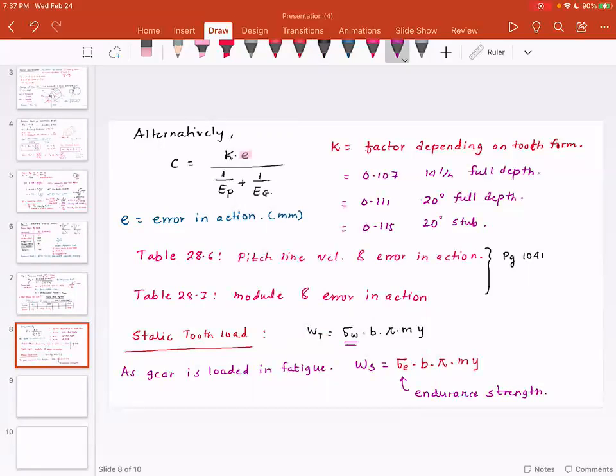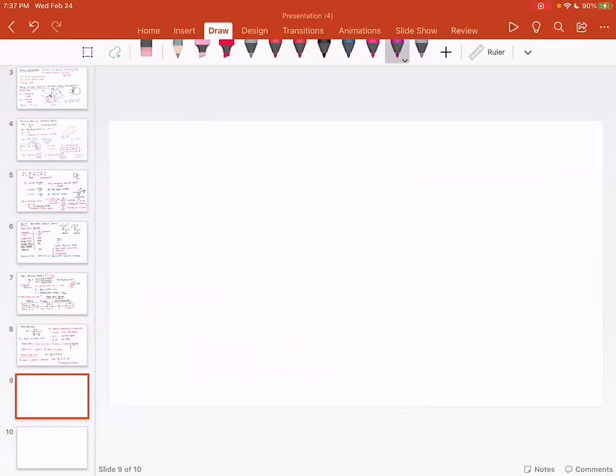For different materials, you would have different endurance limits. So where do we get this endurance limit? There are a lot of tables that we need to refer to. There is a table 28.8 on page 1042 that gives us the values of endurance limits.